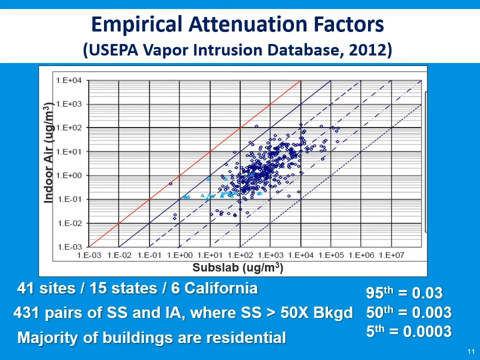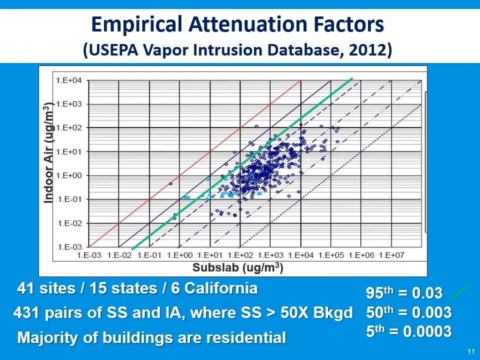The database was developed based on 41 sites in 15 states, 6 of which are in California. It includes 431 pairs of subslab and indoor air data, where the subslab concentration was more than 50 times background concentrations. The majority of the buildings in the database are residential.